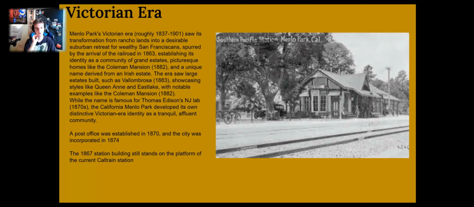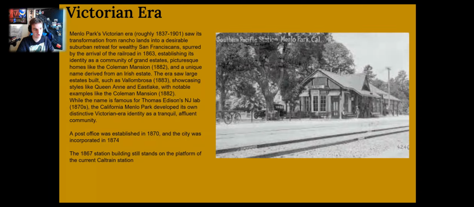The area also saw large estates being built, such as Villa Montalvo in 1883, showcasing styles like Queen Anne and Eastlake, with notable examples like the Coleman Mansion in 1882.